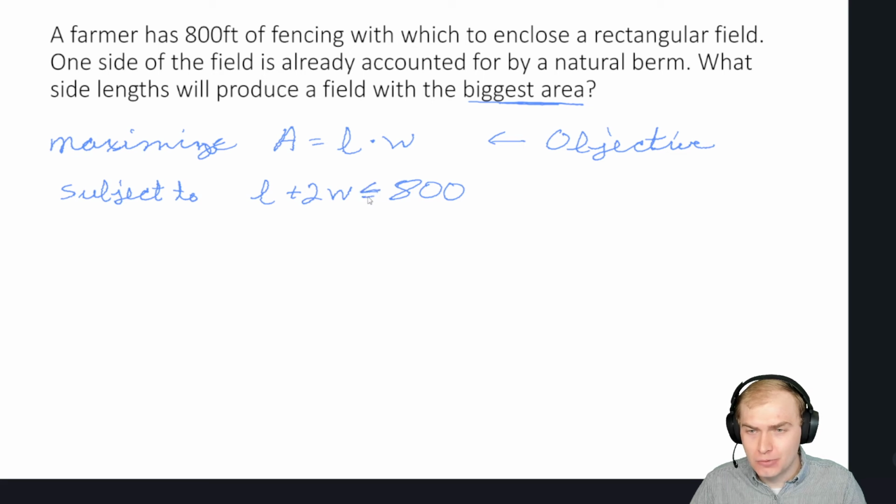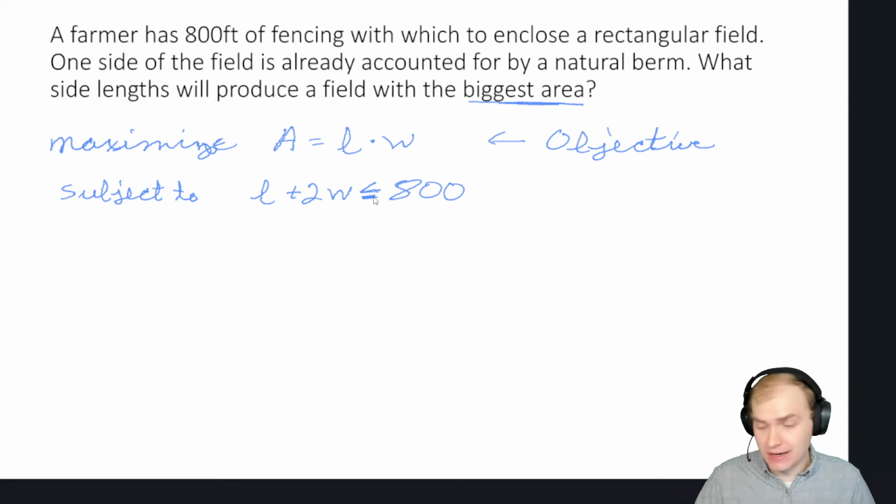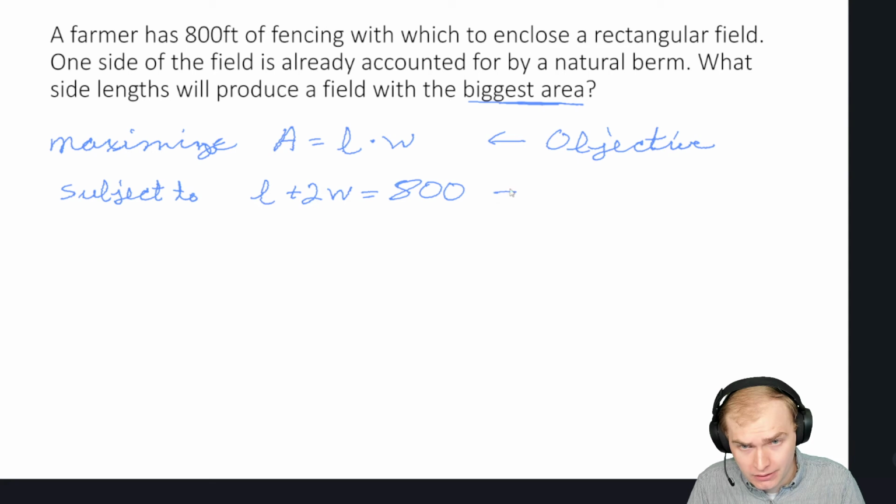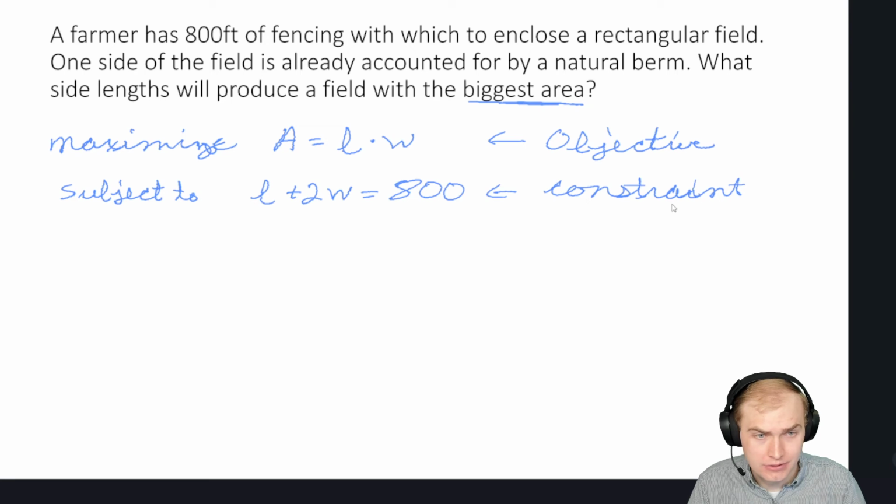So maybe the more proper thing to do would be to make that an inequality. He could use as much as 800 feet. At this point, we don't know how to deal with that yet, so we're going to leave it as an equality because that's going to be the best solution anyway. So this is our constraint.